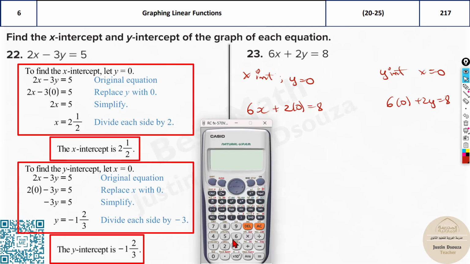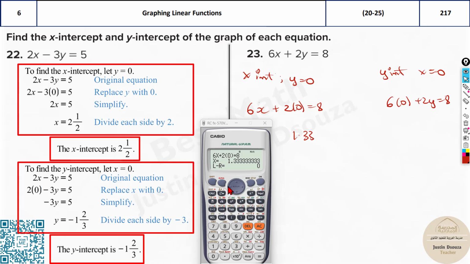Here you need to put 6 times x plus 2, with brackets if you want, which is fine. It will be considered multiplication itself, or you can write the multiplication symbol. Equals 8. Shift and solve. The answer is 1.333. This is important.